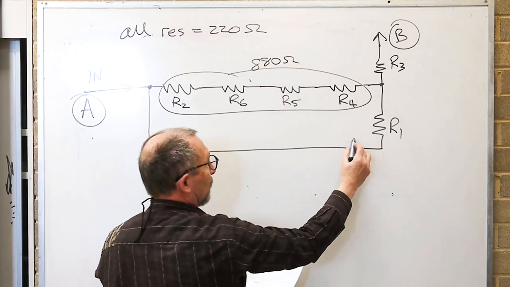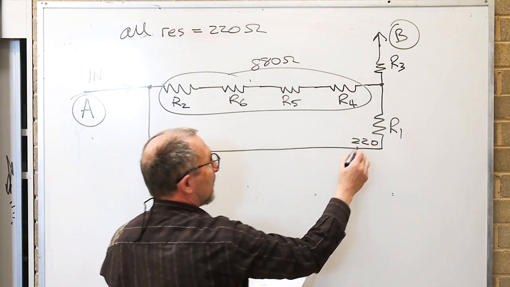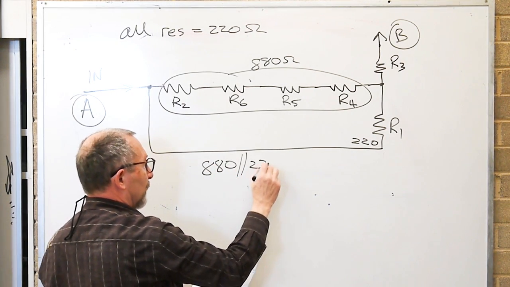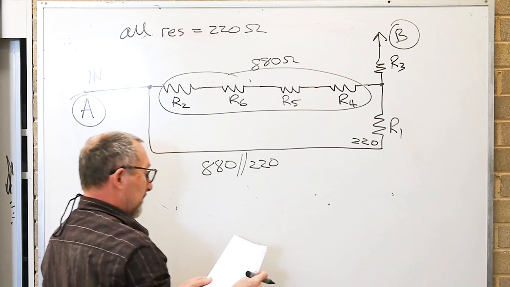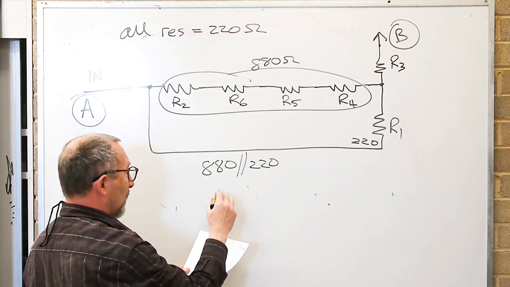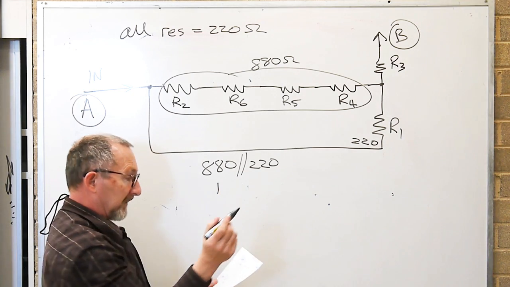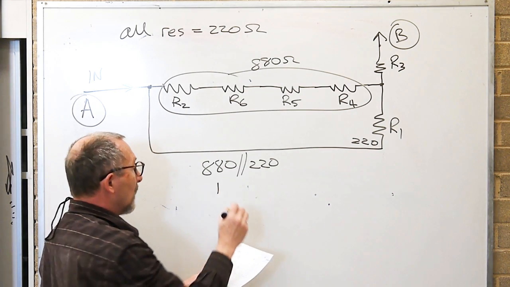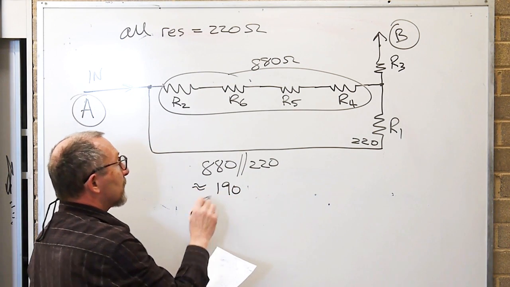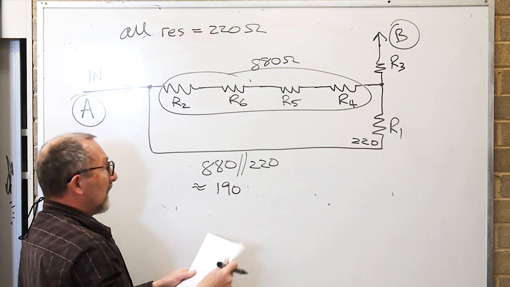I've got 220 ohms here, so I've got 880 in parallel with 220. I estimated that's going to be around about 190 ohms, or I might have done it with the calculator, I can't remember now. 190. I'll show it here as an approximation.